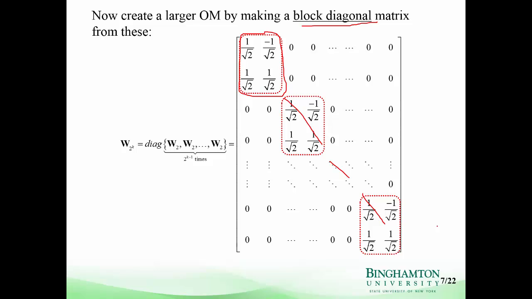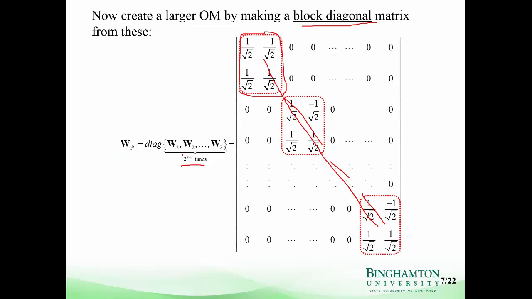Since we start with a square 2 by 2 block, the block diagonal matrix will also be square. We're going to put 2 to the k minus 1 of these down the diagonal. Since each one gives 2 rows and 2 columns, we're going to have twice as many rows and columns as there are blocks. So we have 2 to the k minus 1 blocks.